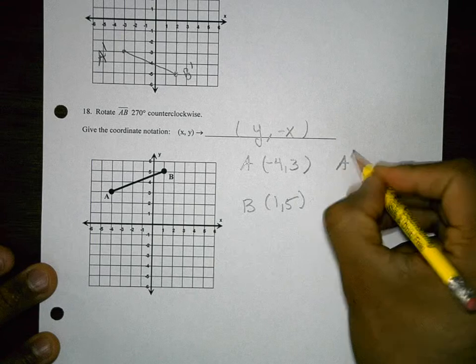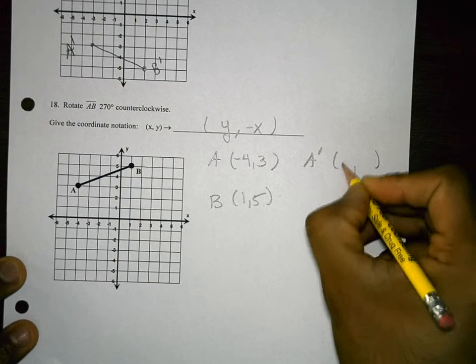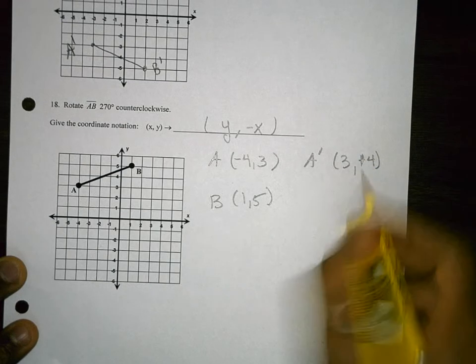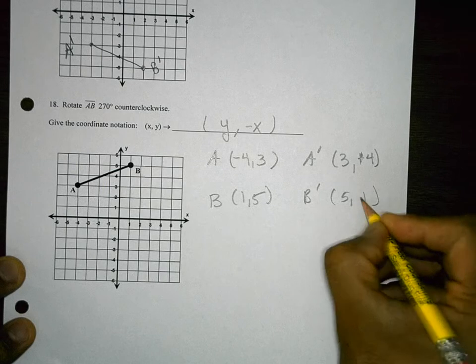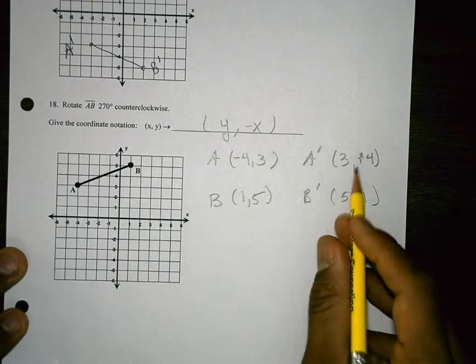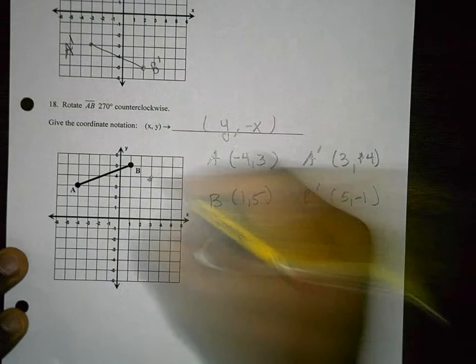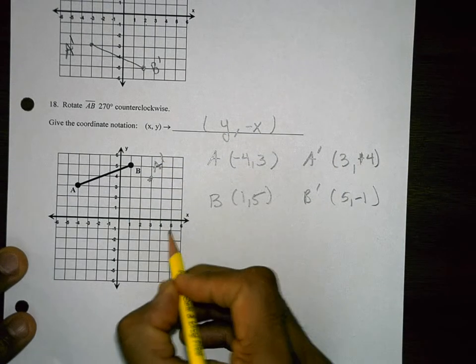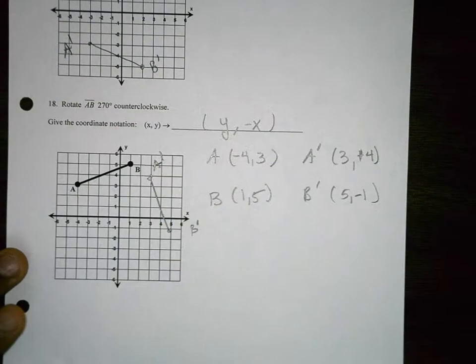So A prime is going to be, switch them around, change the sign of the old x value. 5, 1, make that negative, so we're looking at 3, 4. That would be A prime. B prime is 5, negative 1, and there's B prime right there. There you go.